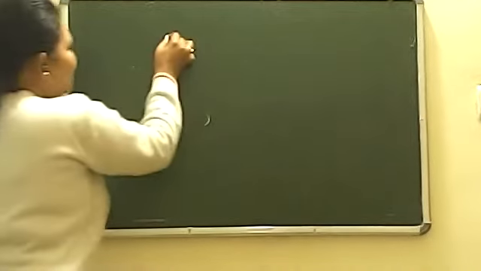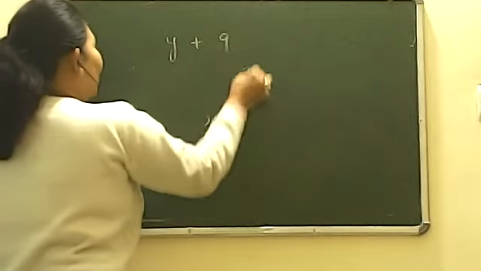Till now, whatever we were studying was expression, where I was telling you 7 more than 3, 7 more than x, 5 more than y, 3 more than z, y plus 3, x plus 9, 3 times of p, 5 times of z, y plus 8, y plus 9. So these are all expressions, whatever we studied till now.